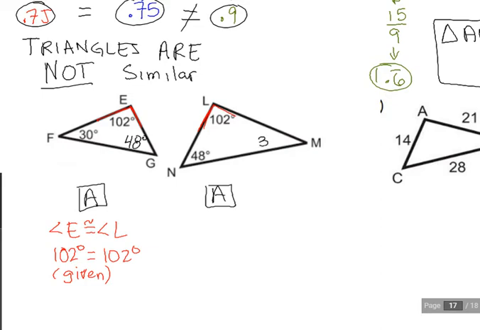We have angle G congruent to angle N. Okay, because 48 is the same as 48. We know that by the triangle sum theorem. So we met two angles, even though we had to work a little bit harder for them.